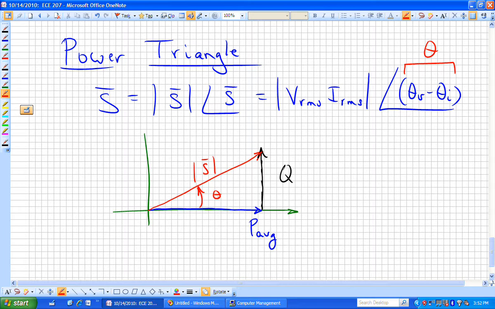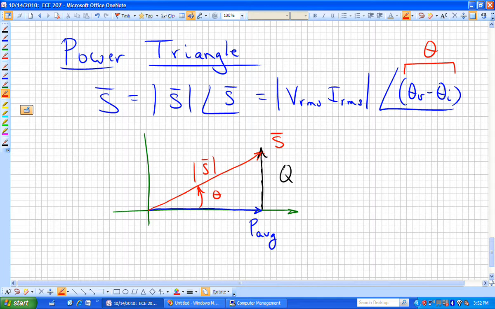If I just gave you S bar, that would be that vector that has a length of the hypotenuse of that right triangle formed by the real power and the reactive power, and that angle theta.